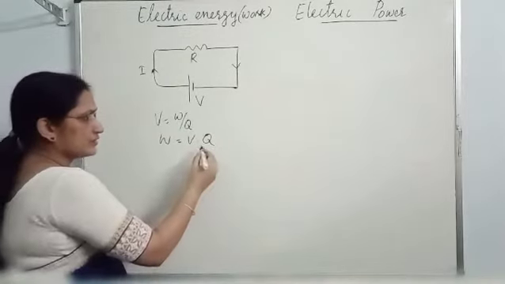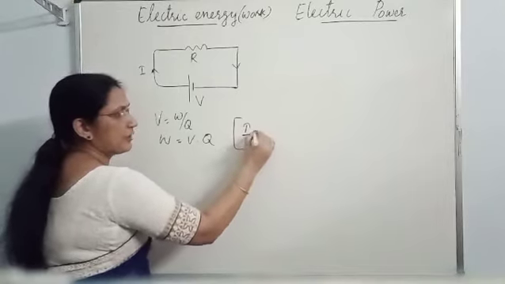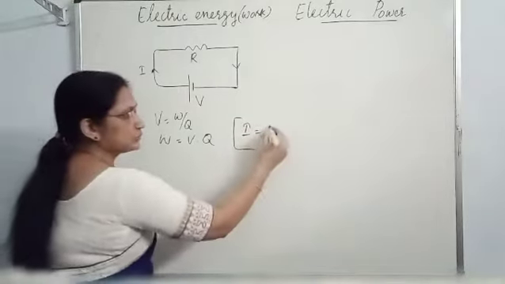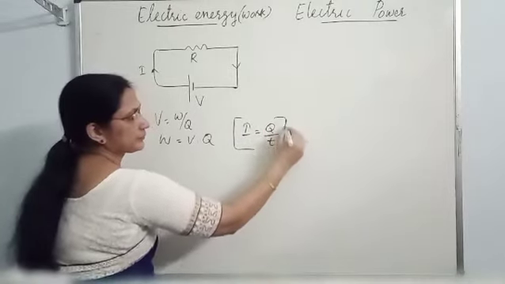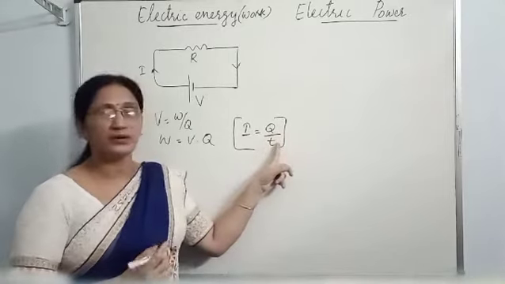Now this Q, that is the quantity of charge. You have learned a formula for current: I is equal to Q by T. Current is equal to charge flowing upon time.